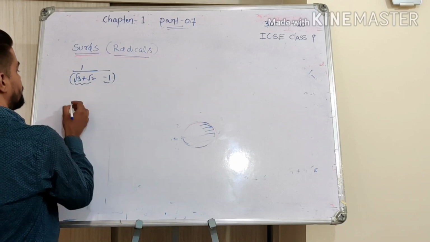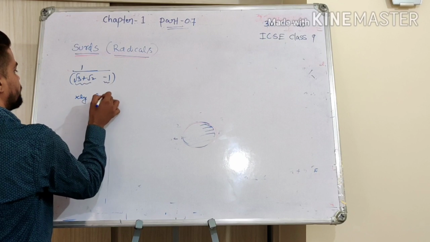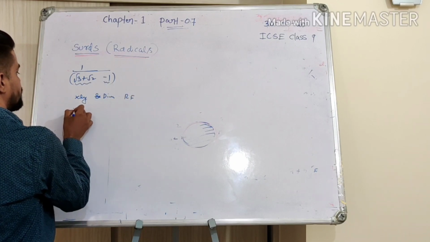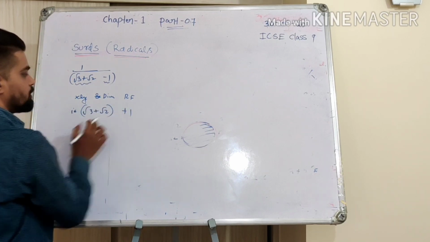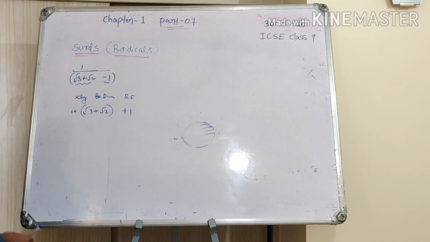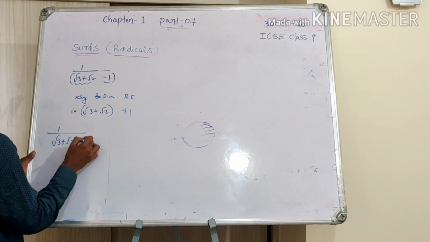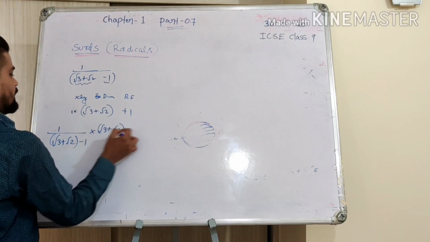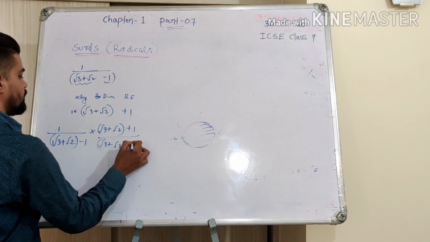Let us group it. Okay? So multiply and divide by the rationalization factor, that is root 3 plus root 2 plus 1. When you multiply this to this, it will become rational. So what I get is root 3 plus root 2 minus 1 into root 3 plus root 2 plus 1 divided by root 3 plus root 2 plus 1.